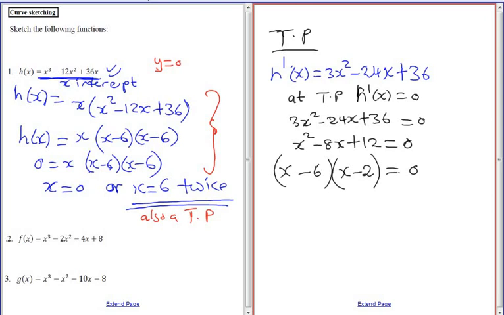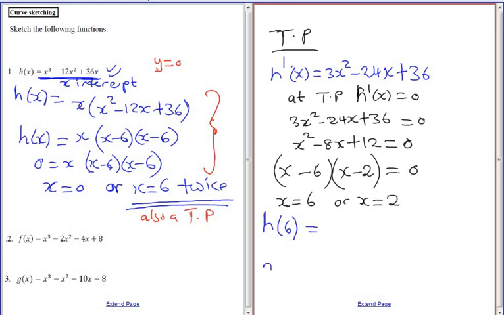So as we are seeing here, if this is what we've got, your x should be equal to 6, or your x is equal to 2. But what I said was, to get the y value, you go and substitute into the original equation.